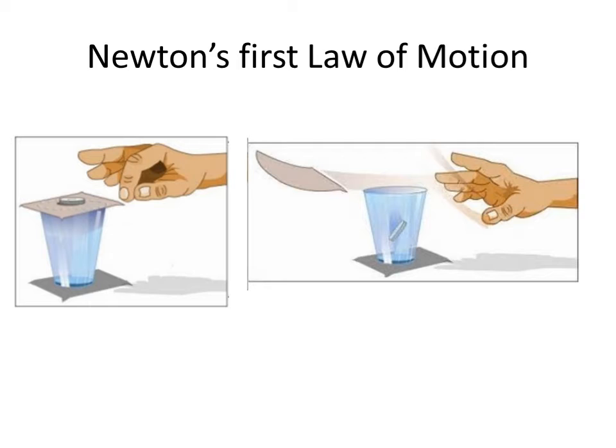Reason: the cardboard and the coin were at rest and they tend to remain at rest, but flicking the cardboard caused the cardboard to be set in motion while the coin stayed at rest, so it fell inside the glass.